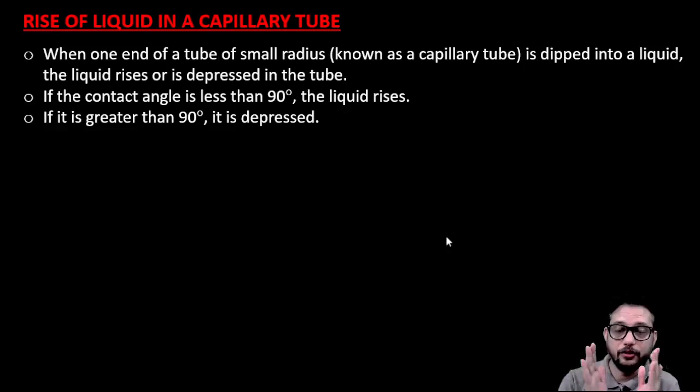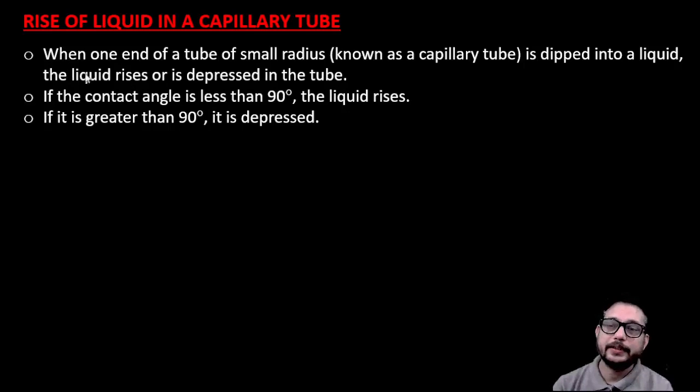It is not necessary that the liquid always rises, but it can also depress. What are those conditions, how this happens, all these things we will discuss in this lecture. Okay, so let's get started.